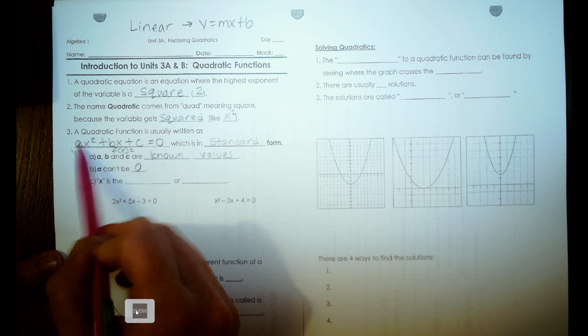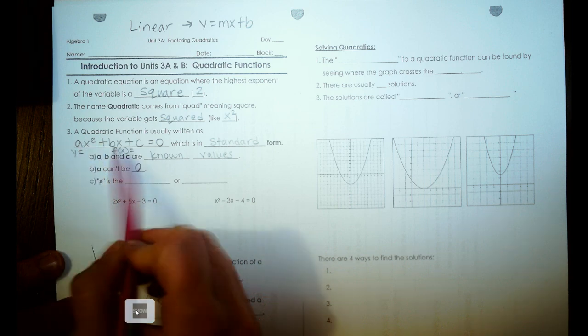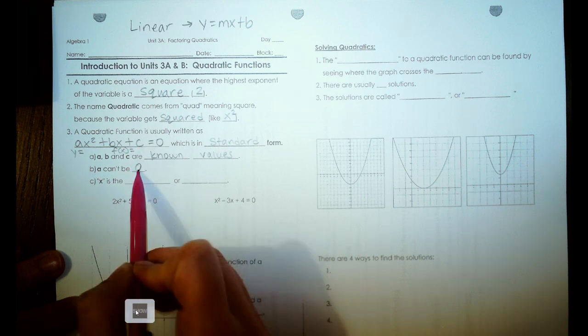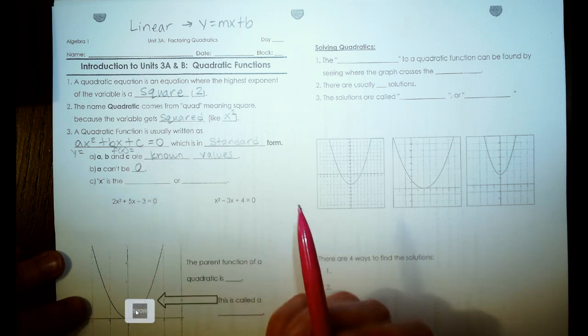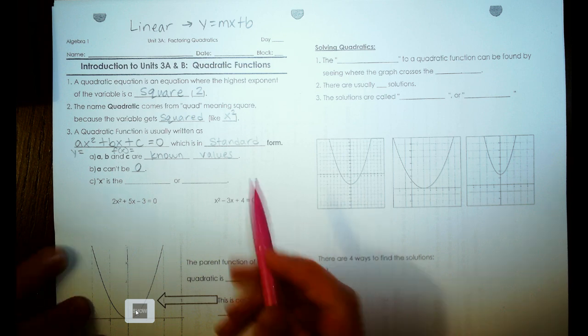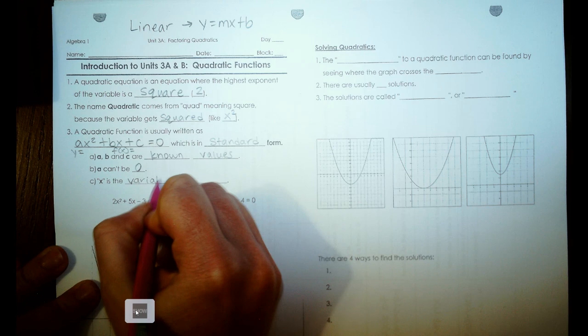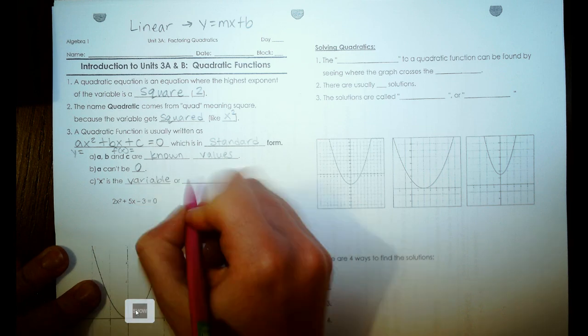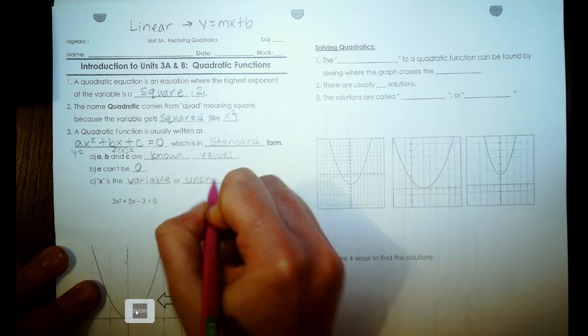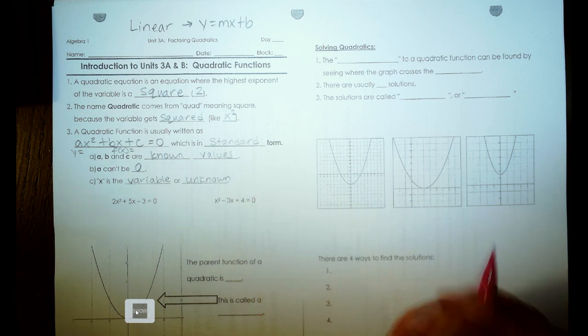And then we would get rid of our squared term, which would then just leave us with bx plus c, which actually is linear. So if A is 0, it's no longer a quadratic. X is then the variable, or the unknown value. So when you solve, you're trying to figure out what does x equal.